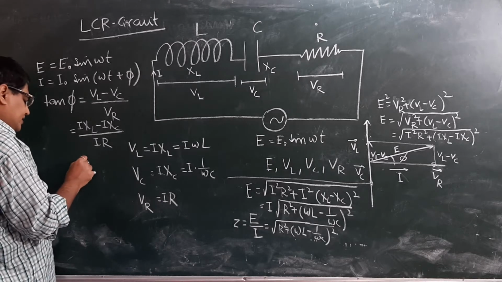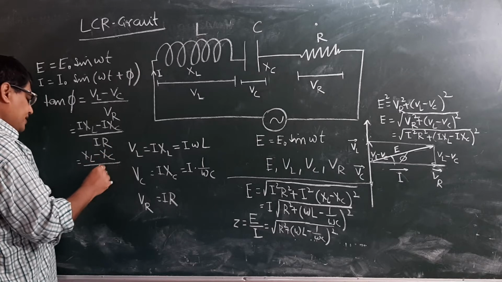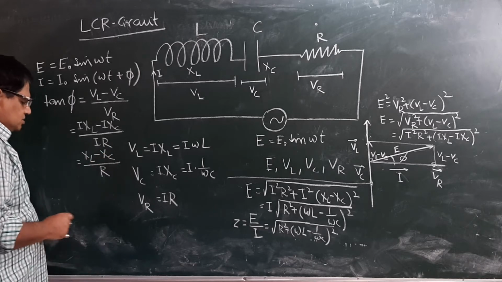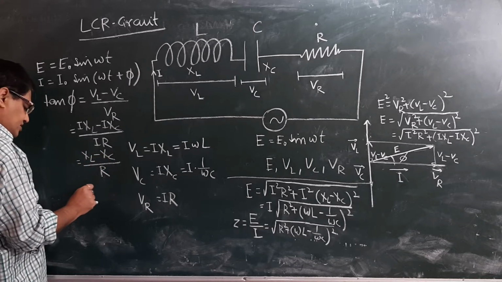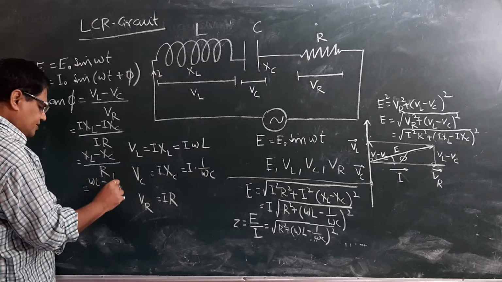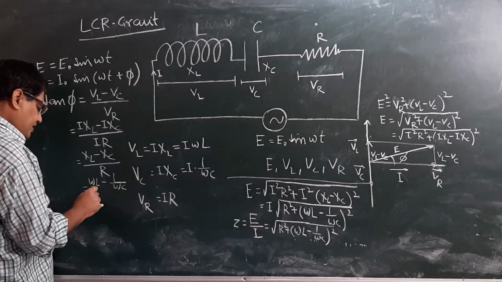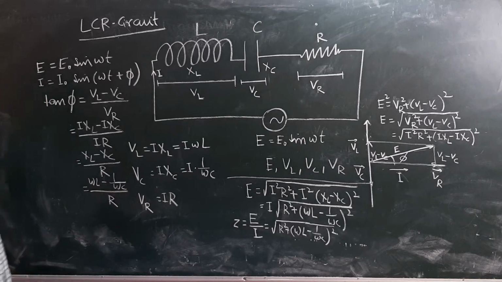So this can be written as XL minus XC divided by R. Now putting the values of XL and XC, this can be written as (omega L minus 1 by omega C) divided by R. So this is the value of tan phi.